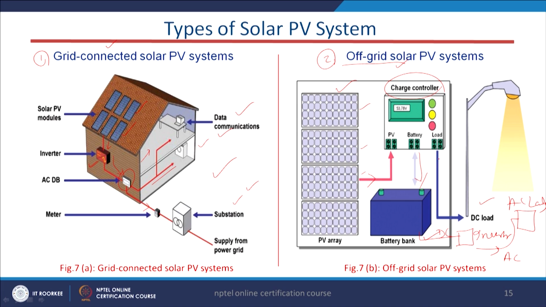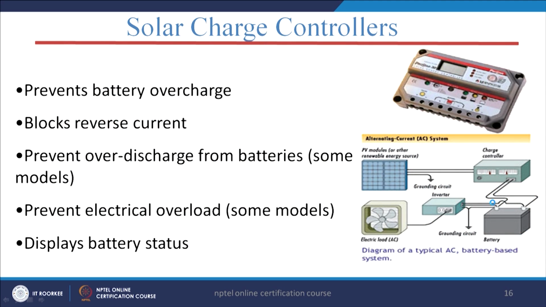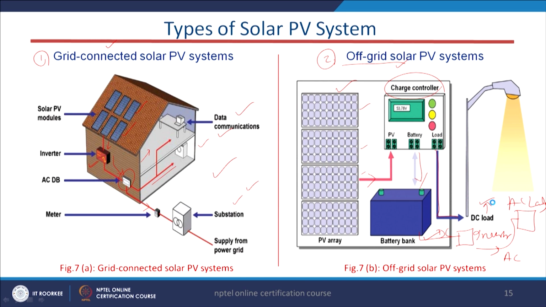And sometimes from the charge controller itself, if we have some DC loads, we can supply DC power there also. Now, coming to this charge controller, as we discussed in the previous PPT, the output of the PV panel goes to the charge controller, and the charge controller output is connected with the battery.